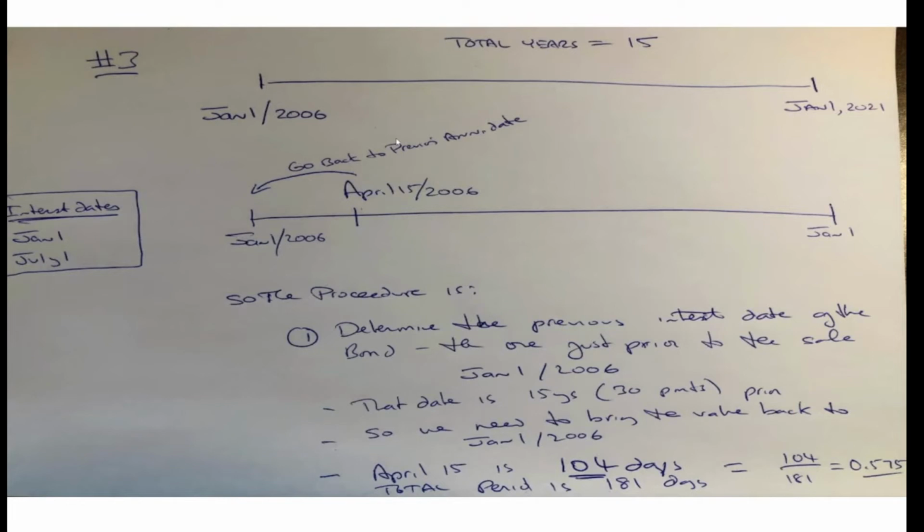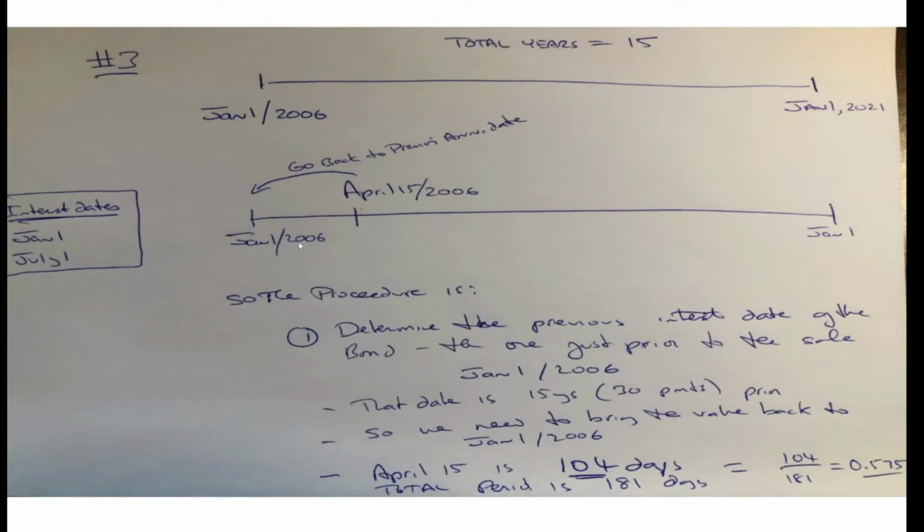If we look at January 1st, April 15th, and we ask ourselves, what was the anniversary date or the interest payment date immediately prior to April 15th, 2006 when we sold it? Because it was not sold on an anniversary date. Well, if we look back, the nearest anniversary date was January 1st, 2006, which happened to be the actual purchase date. So we didn't even keep it for 6 months.